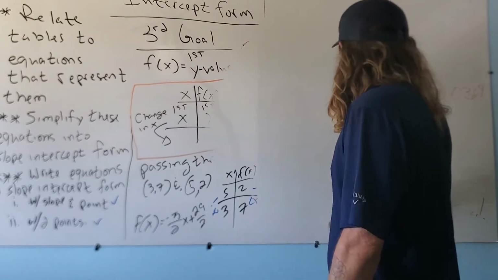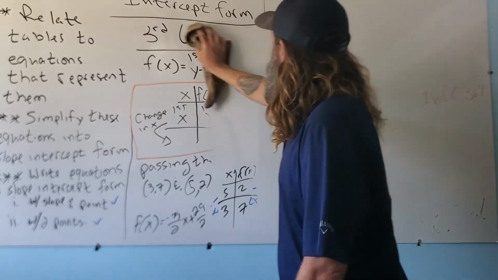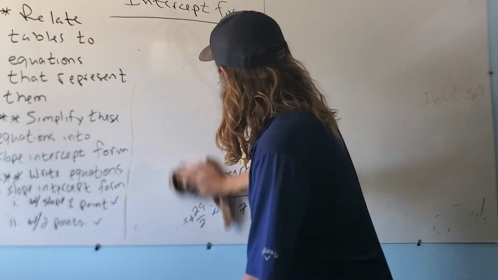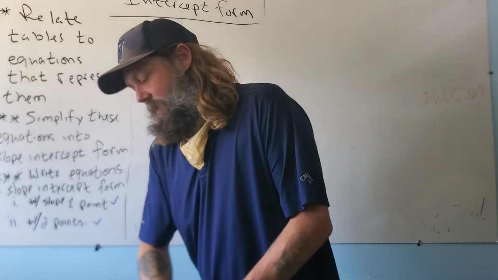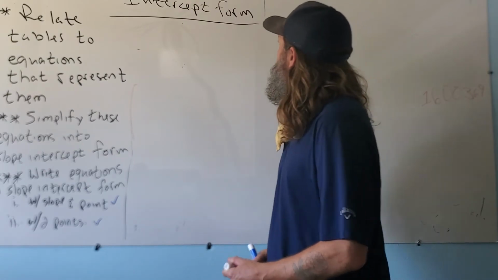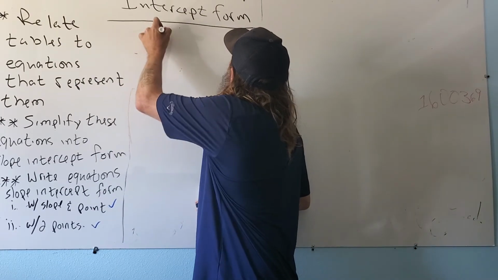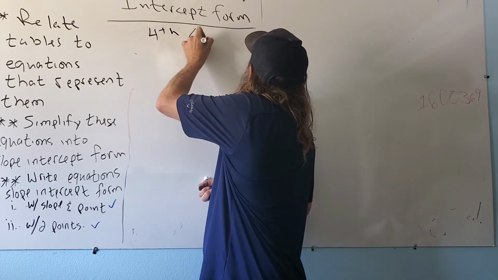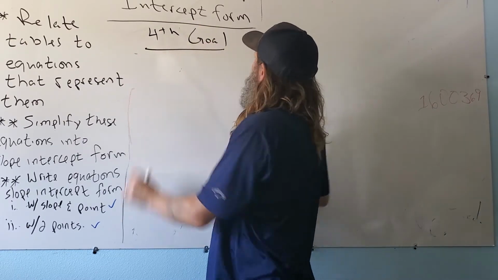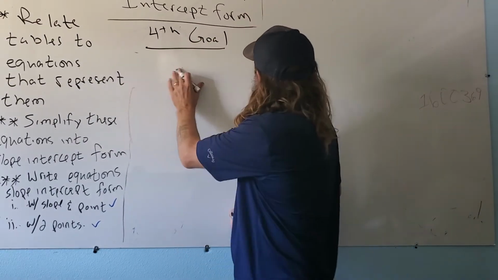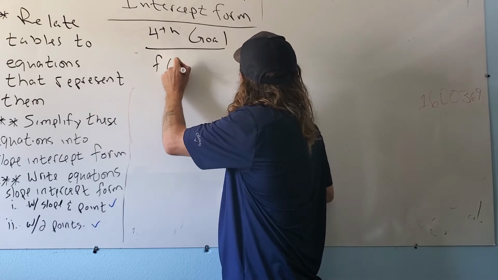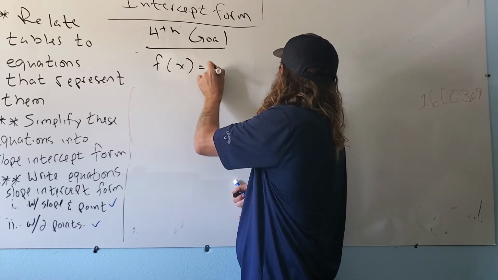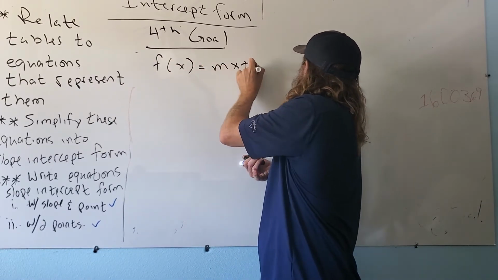Okay, so let's talk about that really quick. Graphing lines in slope-intercept form. Okay, fourth goal. When we have a line in slope-intercept form, it's f of x equals mx plus b.